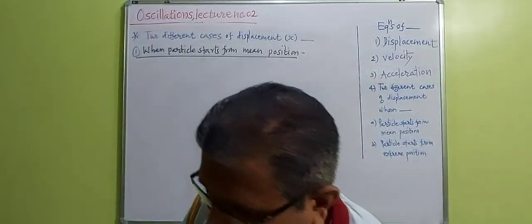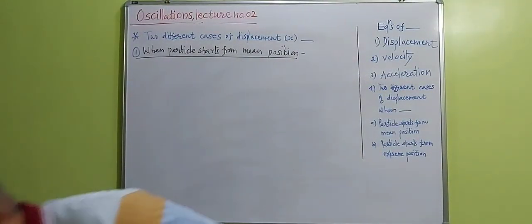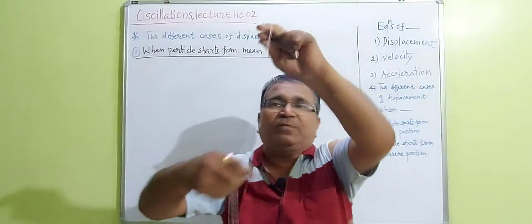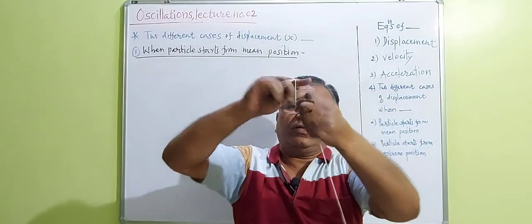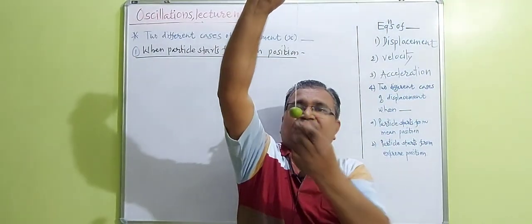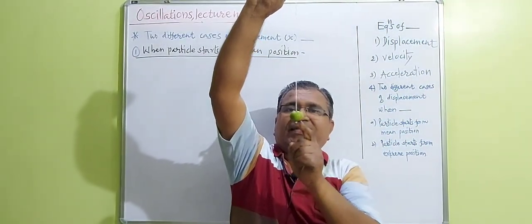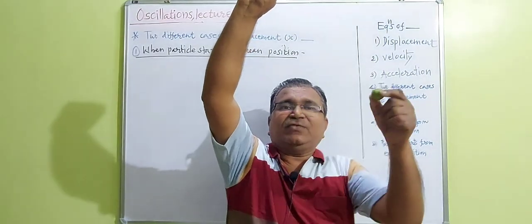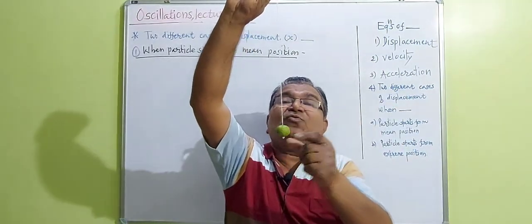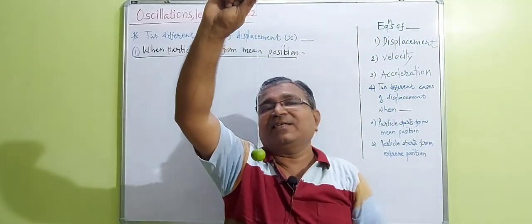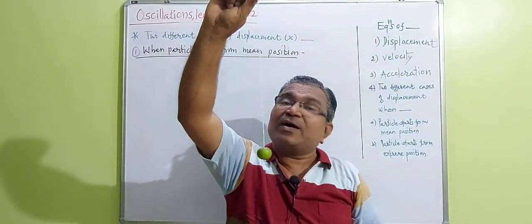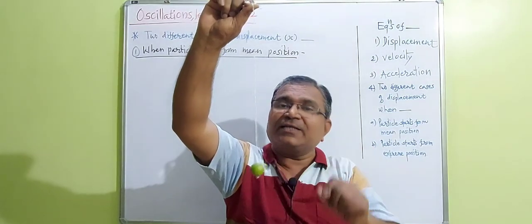Let us see here. This is our simple pendulum. When the particle is at mean position, there is no initial phase angle. Phi is the initial phase angle, and omega t plus phi is called the phase of SHM.